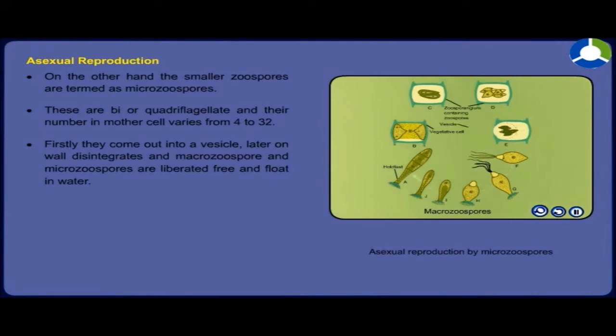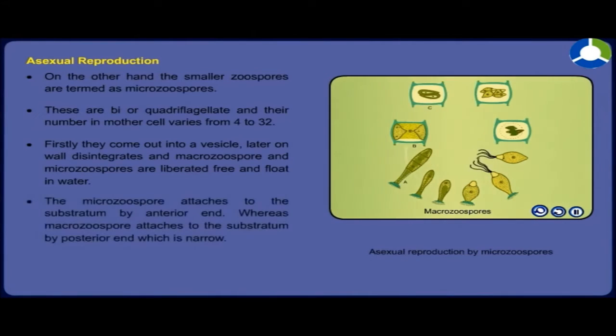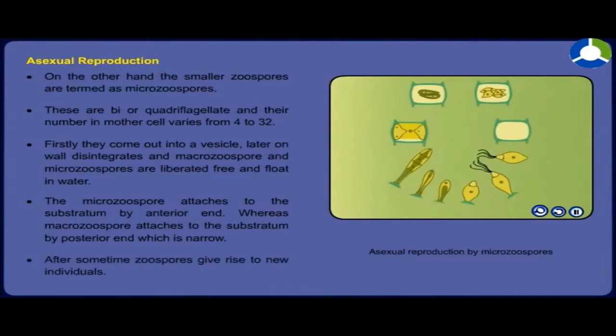Later on, the wall disintegrates and macrozoospores and microzoospores are liberated, free and float in water. The macrozoospore attaches to the substratum by the anterior end, whereas the microzoospore attaches by the posterior end, which is narrow. After some time, zoospores give rise to new individuals.